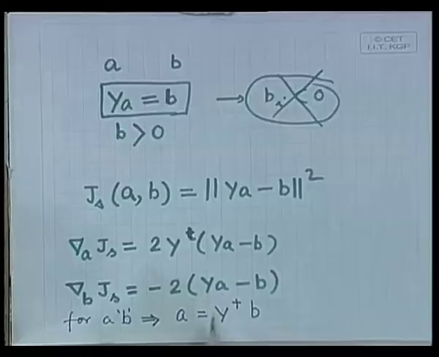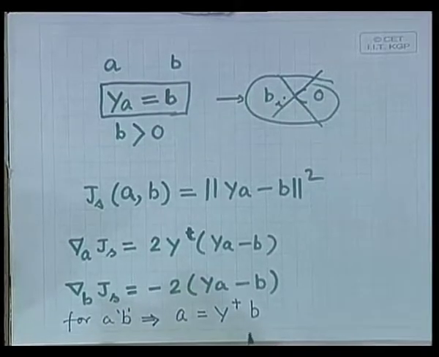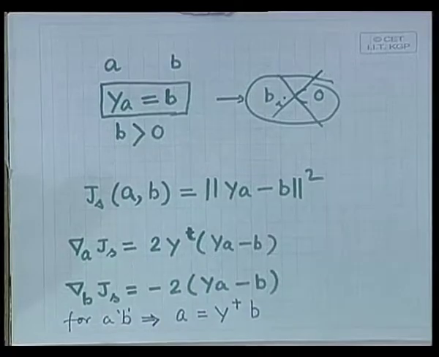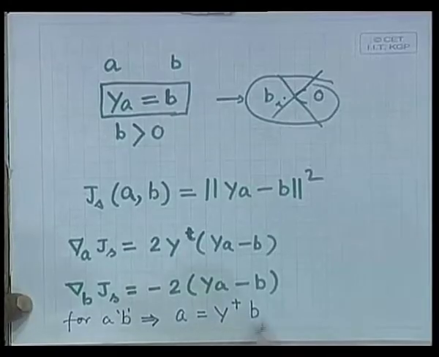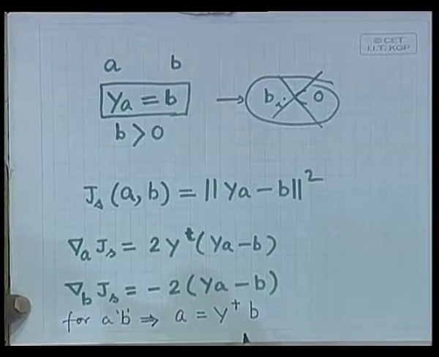If we are not sure that Y transpose Y is non singular, then we cannot compute the pseudo inverse. So, for computation of A, either we can go for this if we are sure that Y transpose Y inverse is not singular, or we can employ the same iterative algorithm that we discussed earlier.